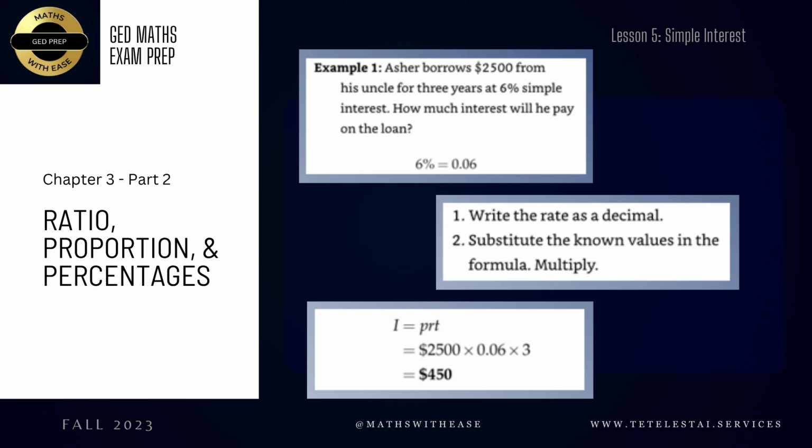The rate is 6%, which we've already changed to our decimal 0.06, and then you multiply that by the time, which is 3 years, and we find that our answer is $450. So in addition to the principal that Asher has to pay back to his uncle, he's also paying interest in the amount of $450.